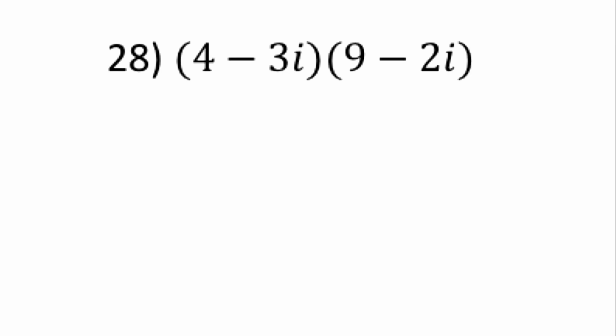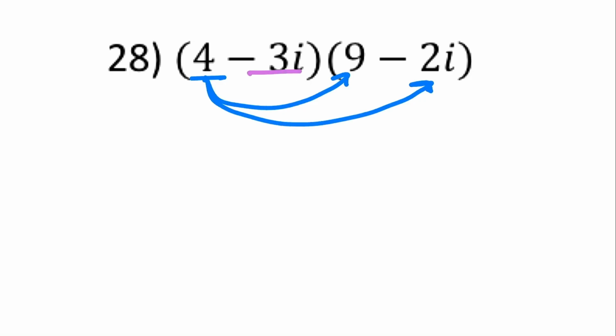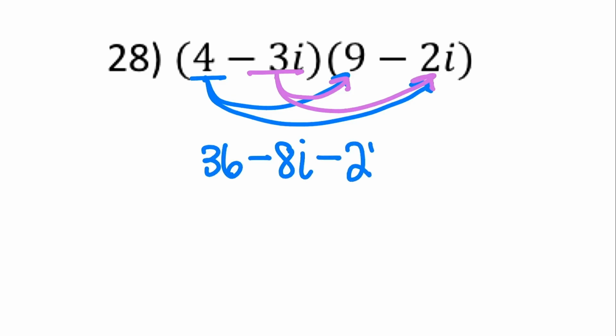We're going to go ahead and distribute the same way, first term to both, second term to both, and then combine like terms. 4 times 9 is 36. 4 times negative 2i is negative 8i. Negative 3i times 9 is negative 27i. And negative 3i times negative 2i is positive 6i squared.